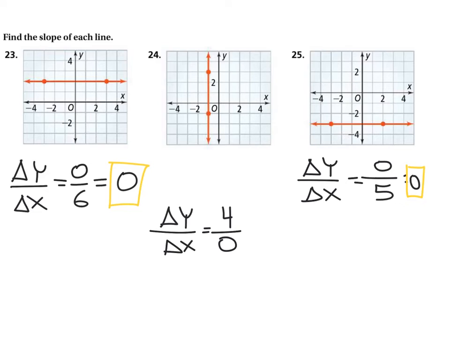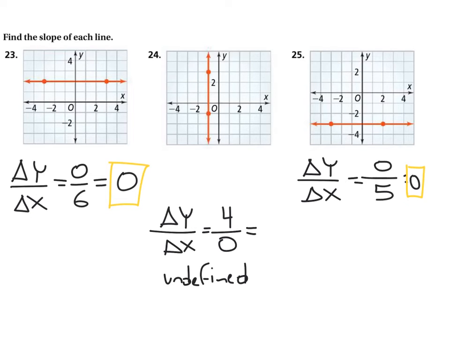Something you might have to learn if you don't know it now: in mathematics, when you divide by 0, they say division by 0 is undefined. We don't have a definition for what results when you divide by 0 because it's not allowed. It is one of those operations that you just can't do.